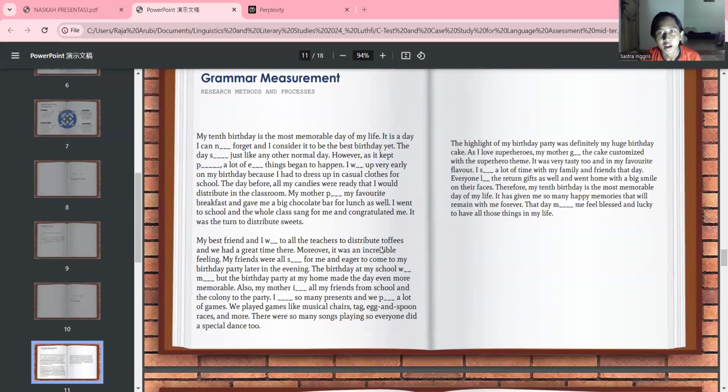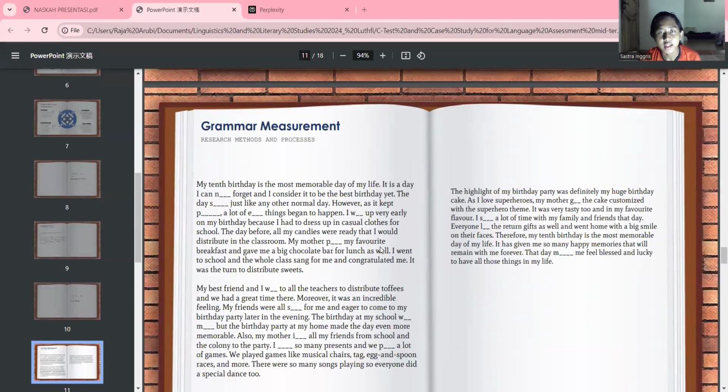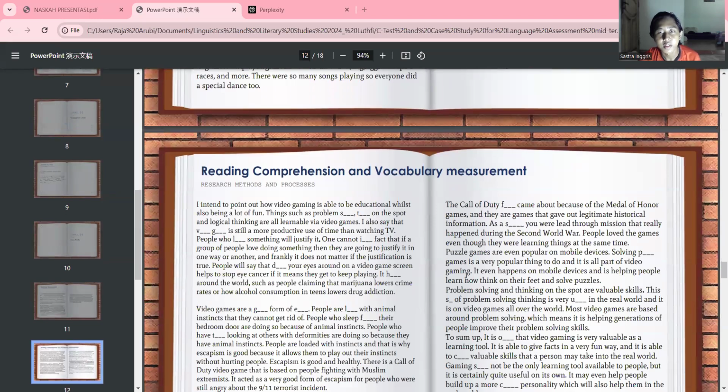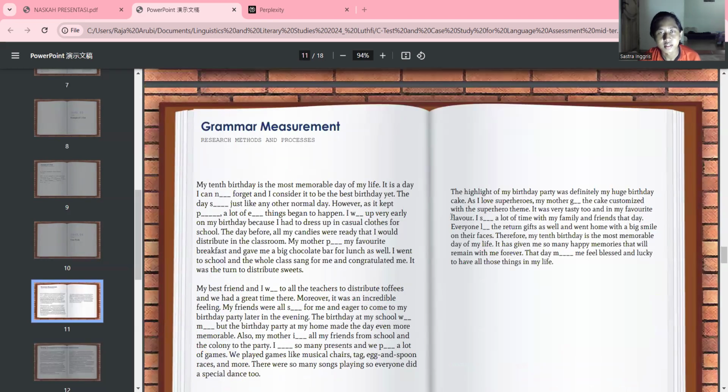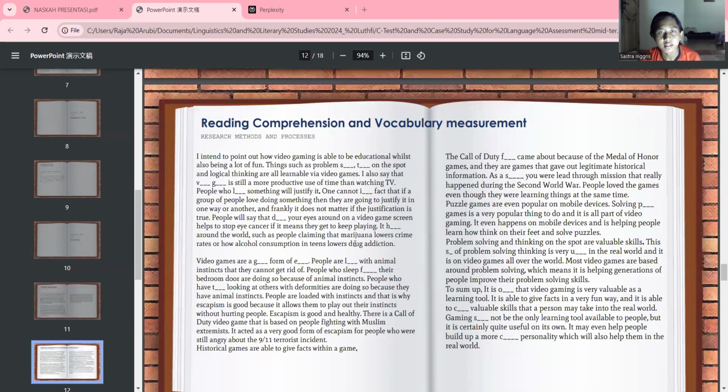I'm going to try to explain the difference between the two texts in this slide. The first text is a descriptive essay about a birthday. And the second text is an expository essay that focuses on how video gaming can be an evaluative learning platform in an effort to make the learning experience fun.